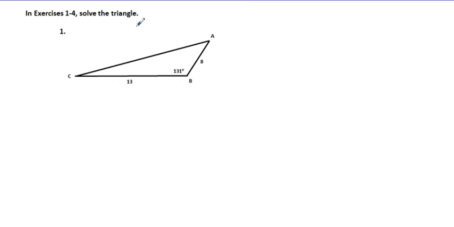Specifically, using the law of cosines, we're going to solve first for this side opposite our largest angle, angle B, and for that, we use this form of the law of cosines, which is b squared equals a squared plus c squared minus 2ac cosine angle B. And now we will plug in.